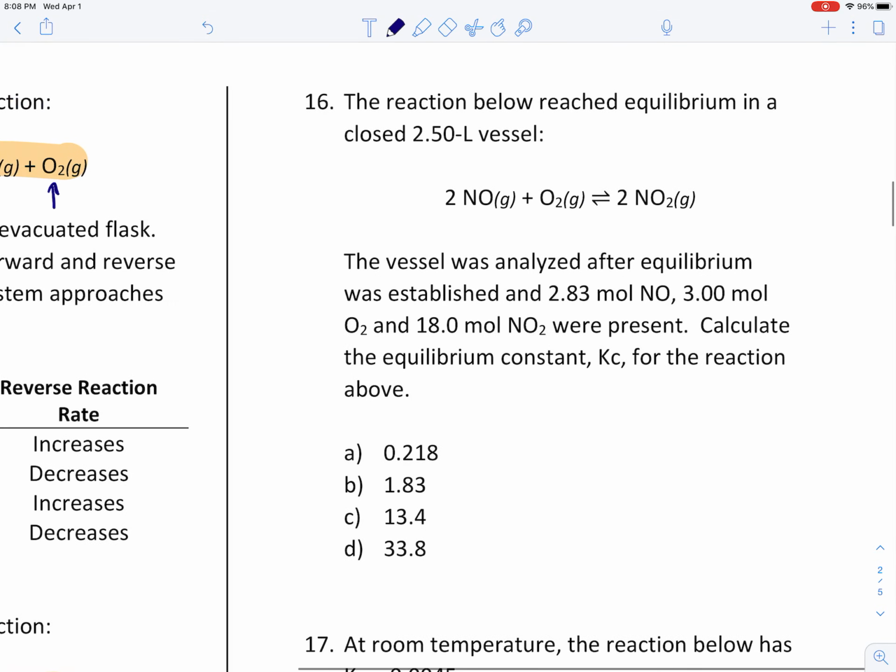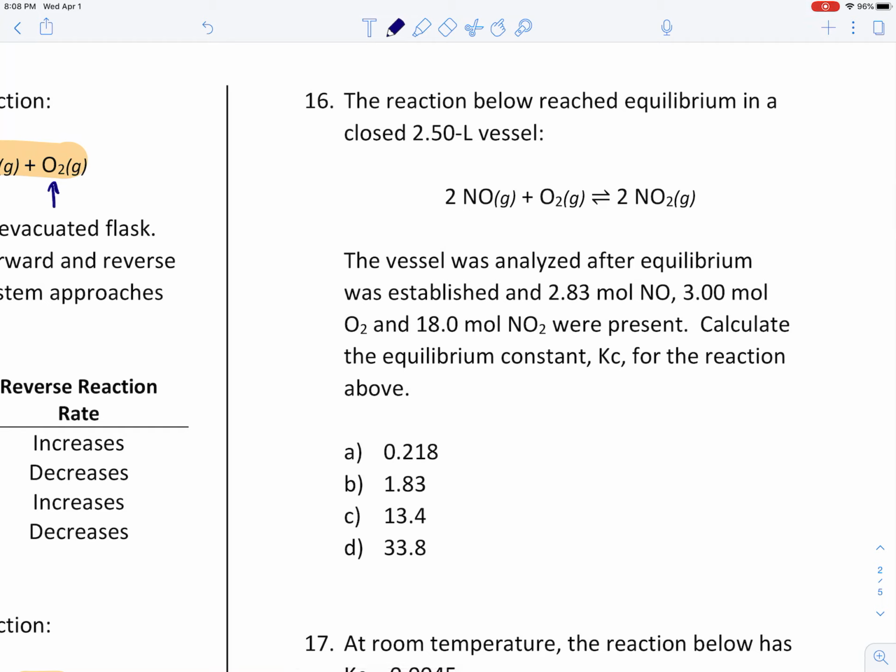Question 16. Pause the video and give that a try. So this question is going to require a little bit of calculations. We have a 2.5 liter vessel. Nitrogen monoxide, oxygen, and nitrogen dioxide are present at equilibrium, and we're told that we have a certain number of moles of each one.